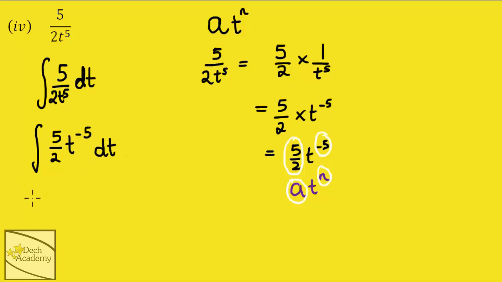So integrating gives 5 over 2 t to the minus 5 plus 1 divided by the new index, which is minus 5 plus 1, plus the arbitrary constant.